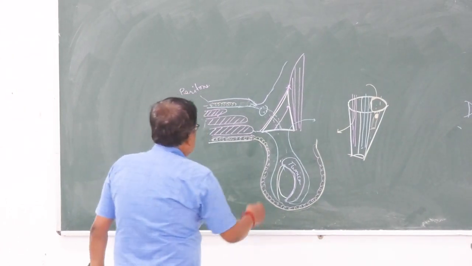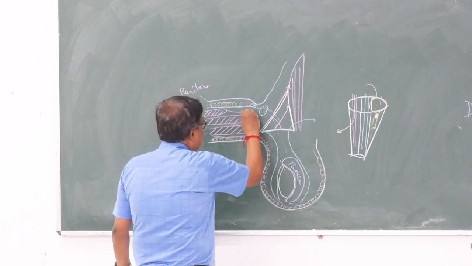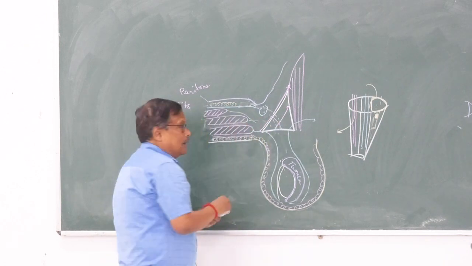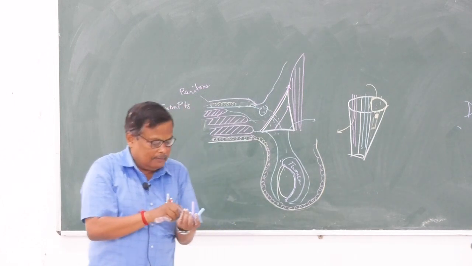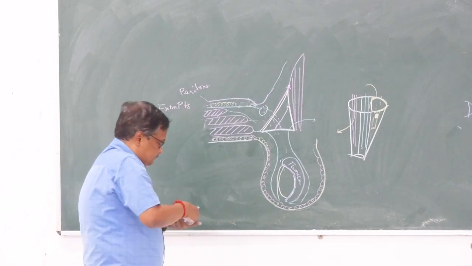It takes a covering of the internal oblique and transversus abdominis, but this covering changes again into muscle, we call cremasteric muscle and fascia.